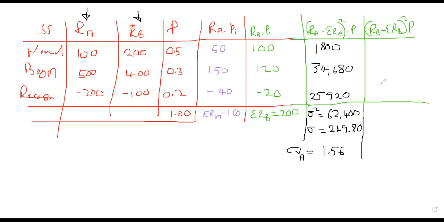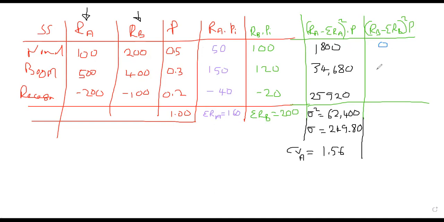Okay, so I guess we're going to say 200, which is the return for asset B, minus 200, the expected return for asset B, squared, times 0.5. Yes, correct. So that gives us 0. 200 minus 200 is 0. Whether it's squared, it is 0. Times 0.5 is 0, correct.